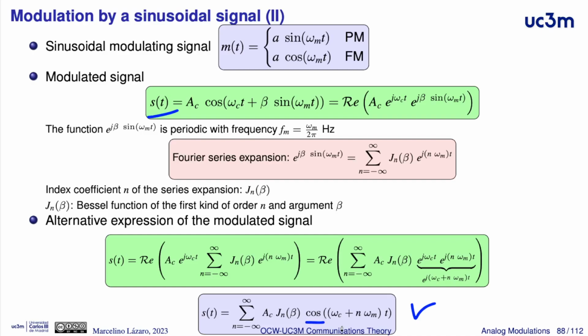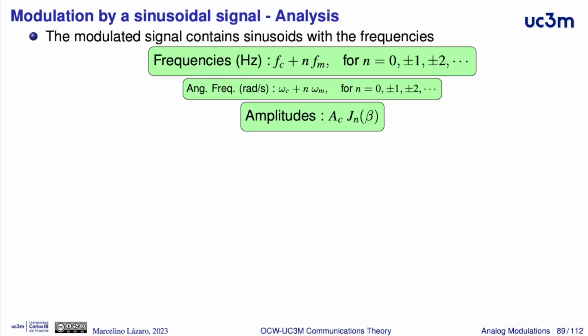Cosines with frequencies the carrier frequency plus n times the frequency of the modulating signal, and the amplitudes of the cosines are proportional to the Bessel coefficients Jn of beta. Therefore, the modulated signal has sinusoids with frequencies the carrier frequency plus n times the frequency of the modulating signal, and the amplitudes are the carrier amplitude times the coefficient Jn of beta.